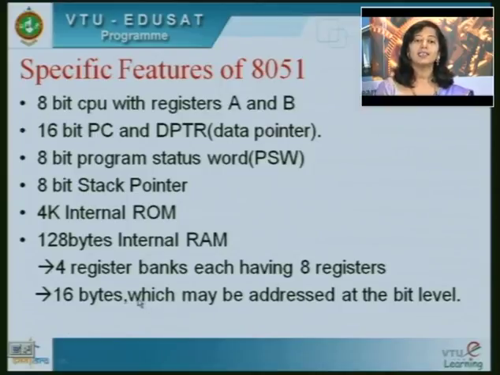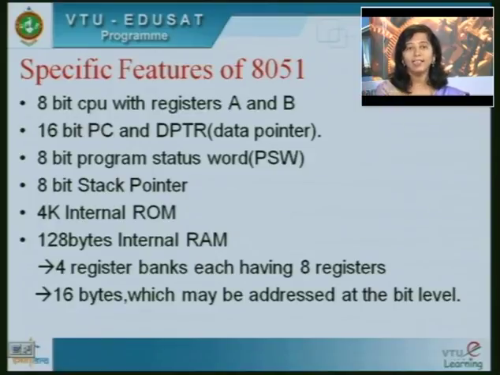Then 16 bytes are already there. So, 16 8-bit locations which can be addressed bit by bit. So, if I want to take some data bit by bit and operate on that, I will put it in this area, because in all these 16 bytes, every bit of it can be addressed. Usually we address one byte together. We call it one word.